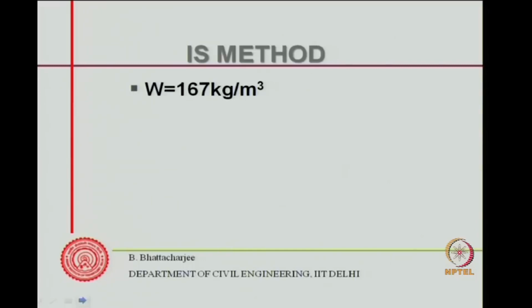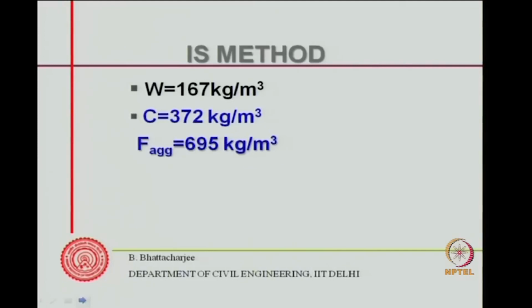This will be a control mix if I am using fly ash or a super plasticizer. Then I have to change this mix design for the super plasticizer and for the fly ash as well. We'll do this calculation quickly, or at least show the steps. So, the water is 167, fine aggregate is 695 and coarse aggregate is 1190 kg per meter cube.